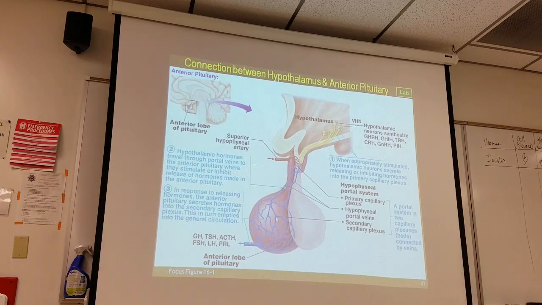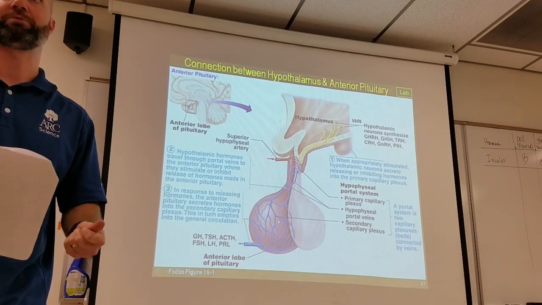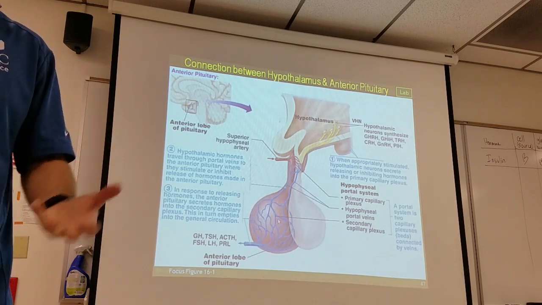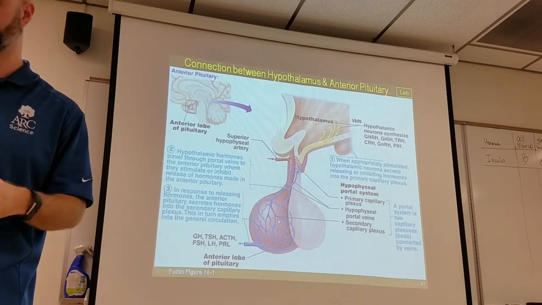So the hormones are produced in the cell bodies of the VHN, travel down the axons, exit the axon terminals, enter the primary capillary plexus, pass through the portal veins into the secondary capillary plexus, where they exit and reach the target cells, which are the acidophils and the basophils, or more specifically, the corticotropes, the thyrotropes, the gonadotropes, the mammotropes, the somatotropes.